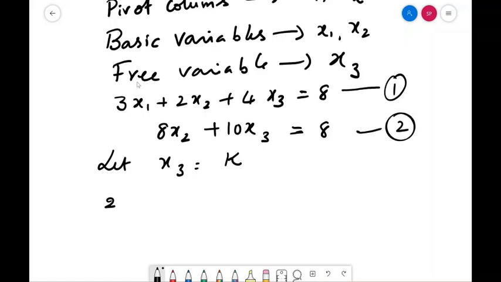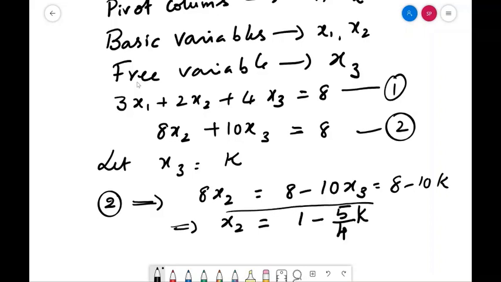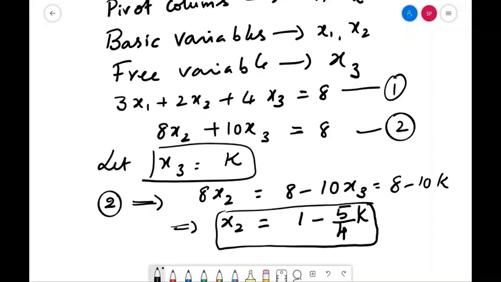From equation 2, 8x2 is equal to 8 minus 10x3, or 8 minus 10k, which implies x2 is equal to 1 minus 5 by 4 k. So if I choose x3 as k, then I got the x2 value in terms of k.